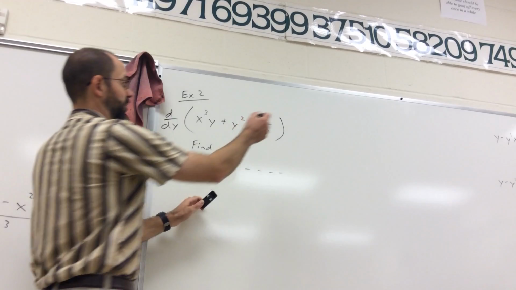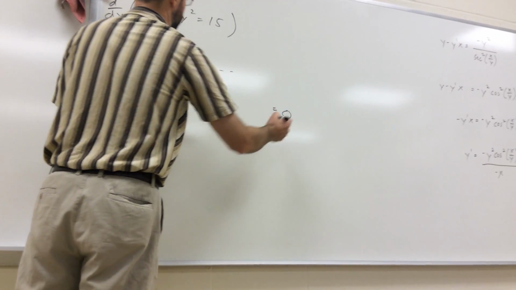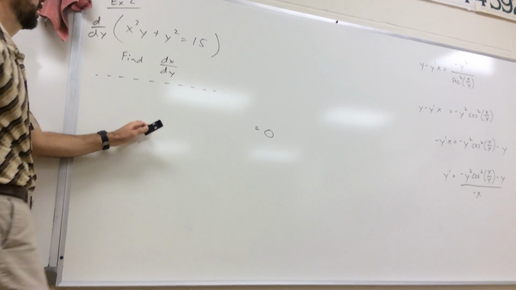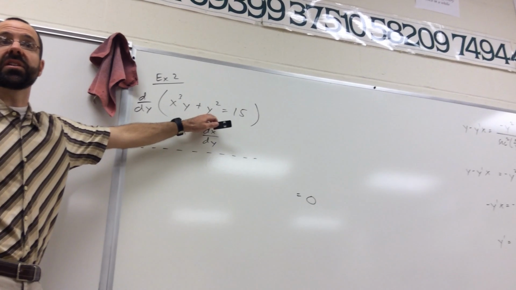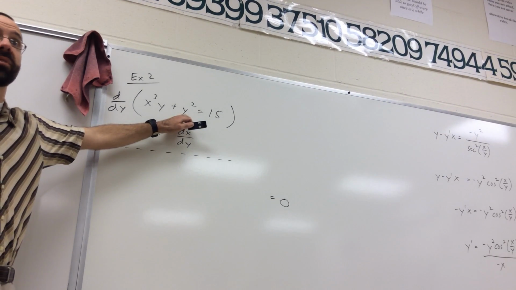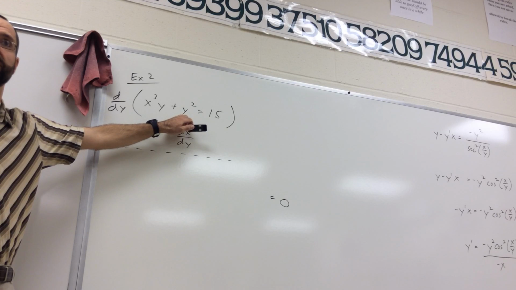Okay, so I'm going to work from the right to the left. The derivative of 15 is 0. Okay, now this time y is independent. So that means that this is not a disguised chain rule. Y is not a mess.